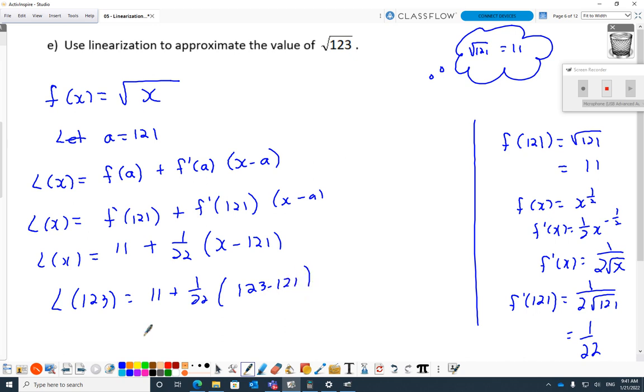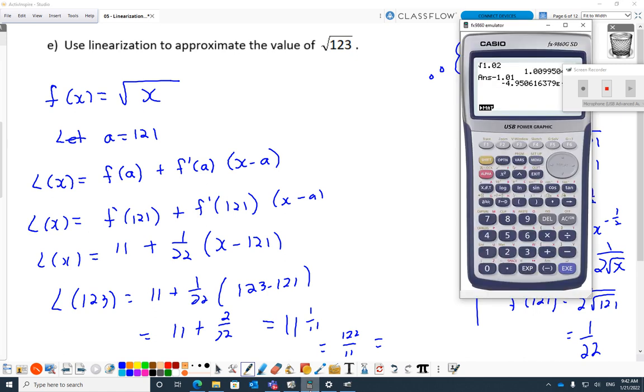And so I get 11 plus, what was that, 2 over 22. It's 11 and 1/11th, or it's 122 over 11, or it's, let's get the decimal here, 122 divided by 11.